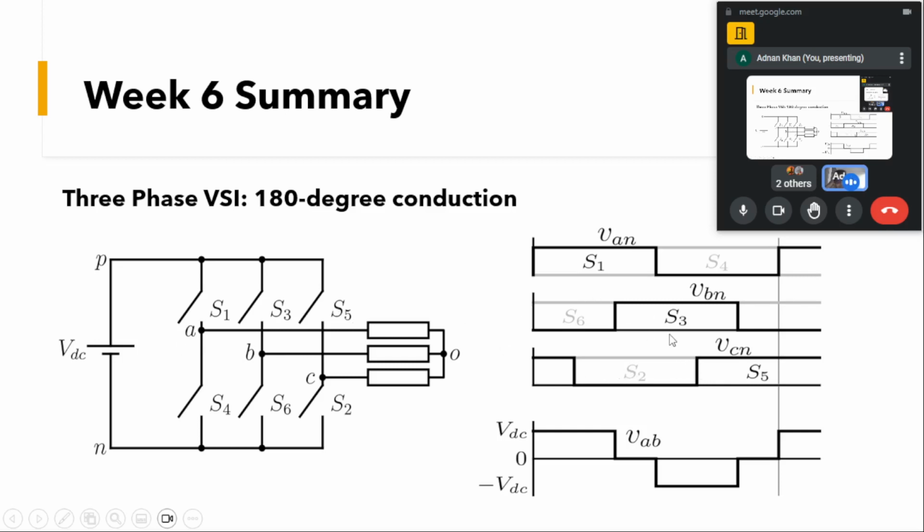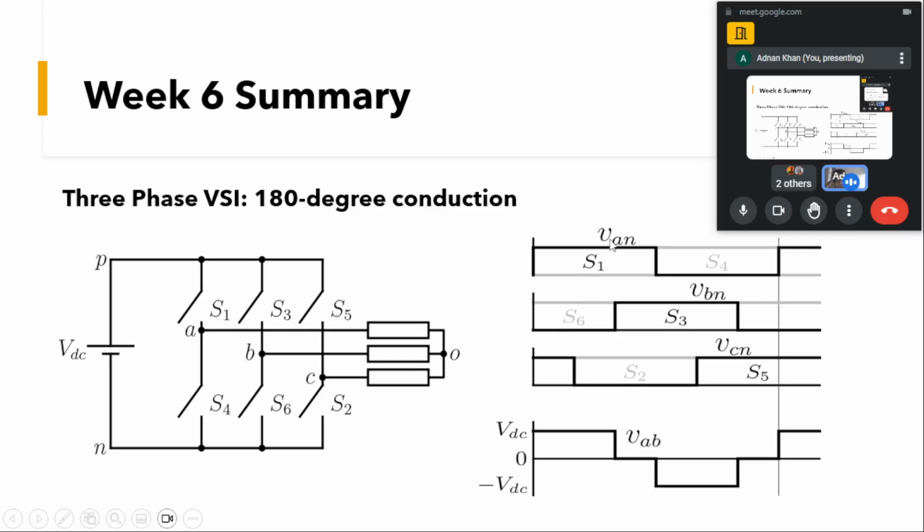That is, it is shifted by 240 degrees from the A phase and 120 degrees from the B phase, and in a similar fashion it will conduct for 180 degrees and be off for 180 degrees. These are the VAN voltages, and now we can calculate the VAB voltage, the line voltage.